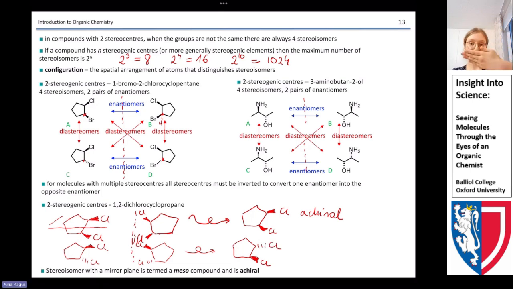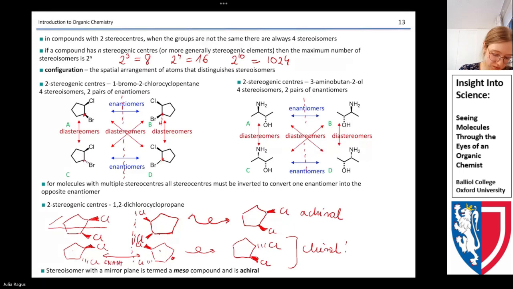And if you try to flip it, then you'll basically still get the same molecule as this one. Meaning that because of some rotations, we do not produce the mirror image, meaning that those two isomers are chiral. And they are enantiomers.